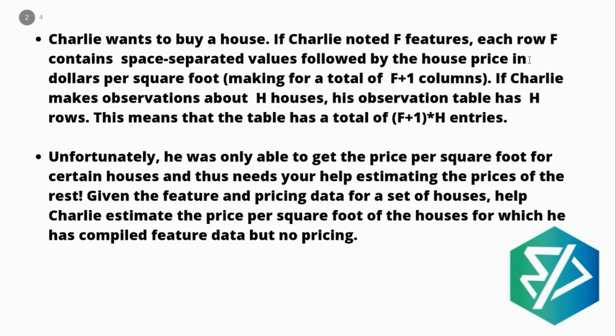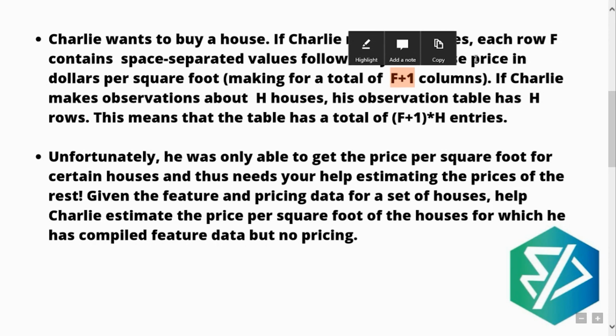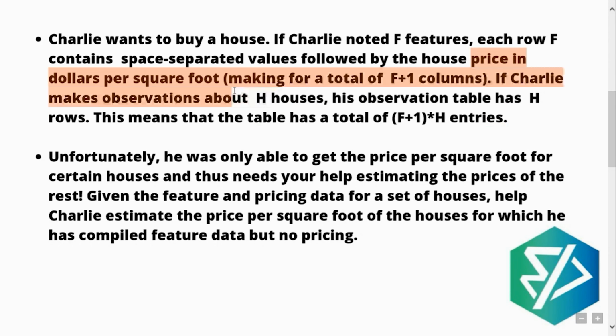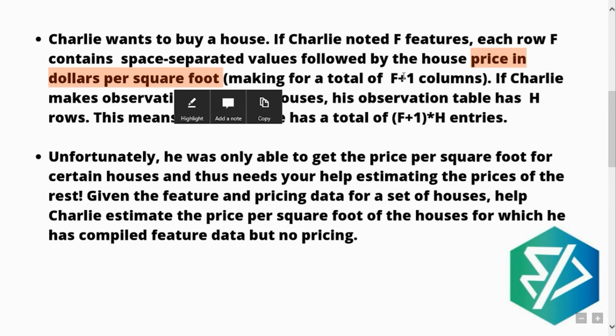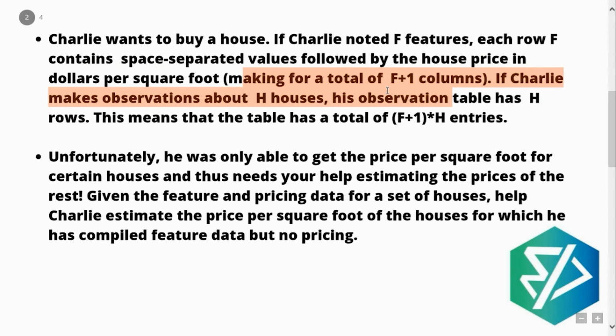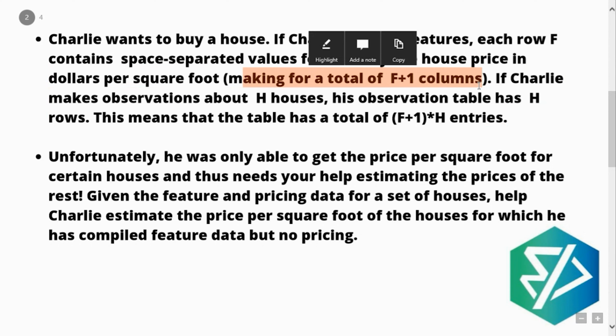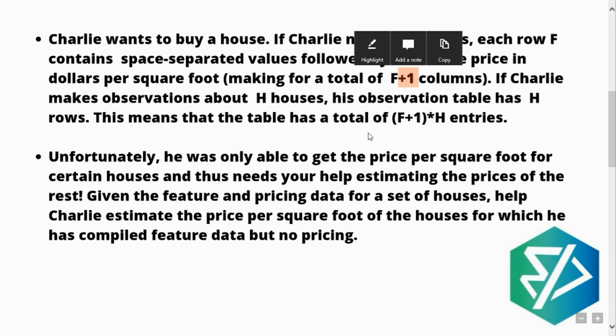So he has rows where F values are the features of the houses, and the last column, which is the F plus 1 column, is the column which has the price of the house, price in dollars per square foot. Okay, so the total columns are F plus 1 columns, where F is the number of features and plus 1 is for the price of the house.